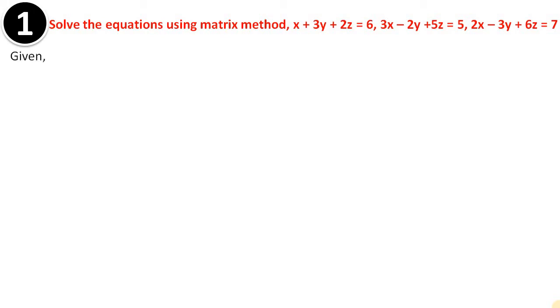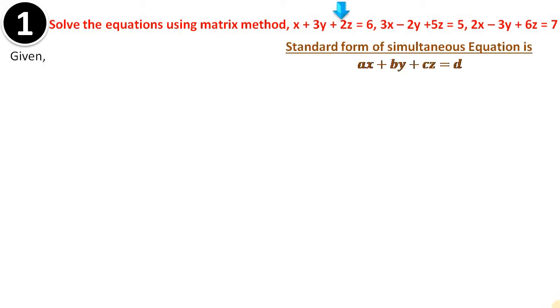First we will write down the given equations in the standard form of simultaneous equations, which is ax, that is the term of x, plus by, the term of y, plus cz, the term of z, and on the right hand side the constant, that is d. Let's check whether the first equation, x plus 3y plus 2z is equal to 6, is in the standard form or not.